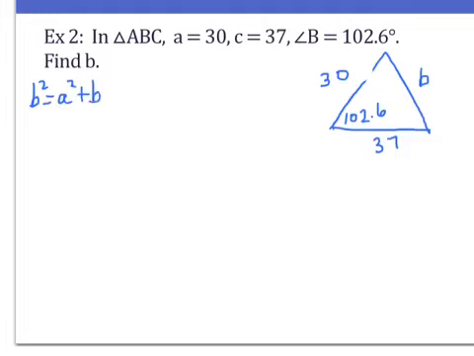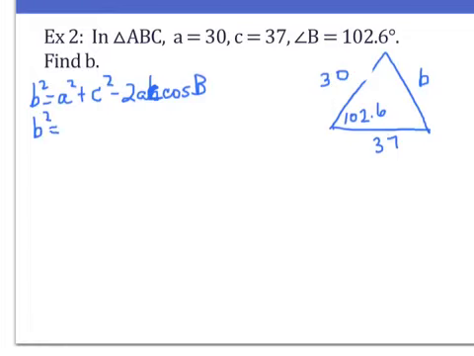Remember, it starts out looking like the Pythagorean theorem. Let me erase that part and replace it. There's my C.